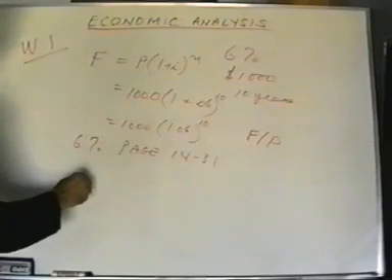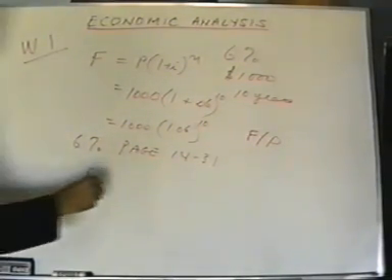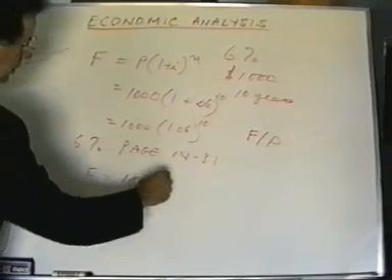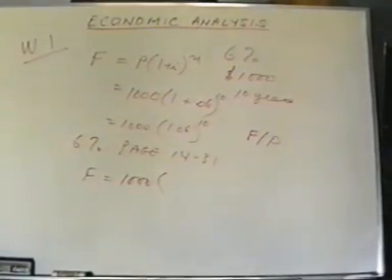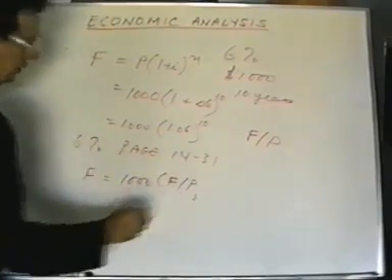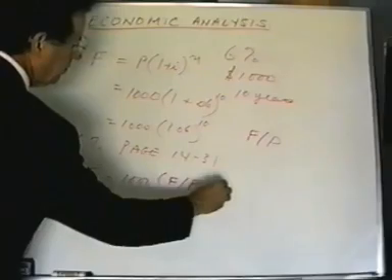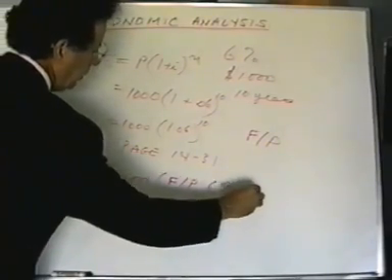We can actually write the equation that F is equal to $1,000 times, and the notation is F over P, comma, 6%, comma, 10 years.